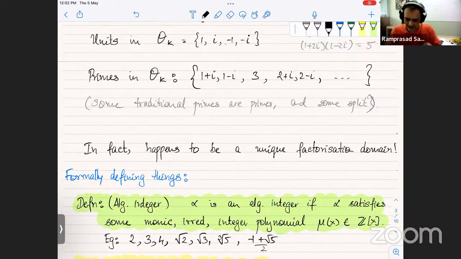They seem to have rational numbers associated with them, but this is like the golden ratio. It satisfies, I think the polynomial is x squared minus x plus 1 or something like that, or x squared plus x plus 1. So yeah, these are what integer polynomials are.